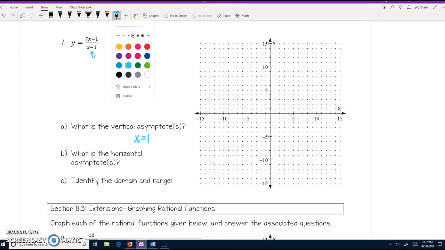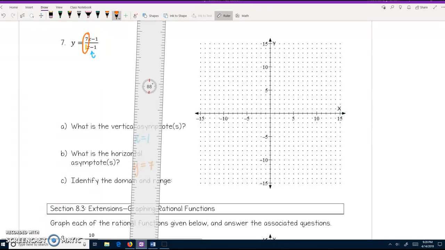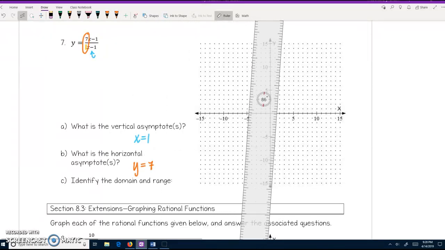Then my horizontal asymptote, remember there's really a 1 hanging out right in front of that x. So if I divide my leading coefficients here, 7 by 1, I'm going to have a horizontal asymptote at y equals 7.